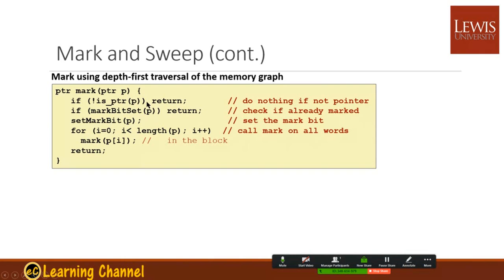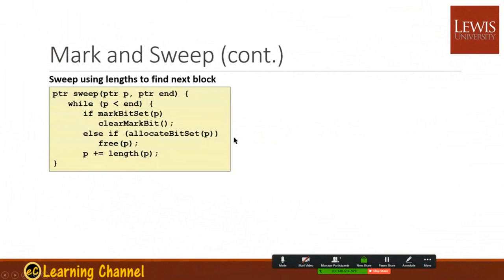If P is a pointer, we proceed; if not a pointer, we return. If it's not a pointer, we guard against it. So sweep uses length to find the next block. Each time you advance by block size.